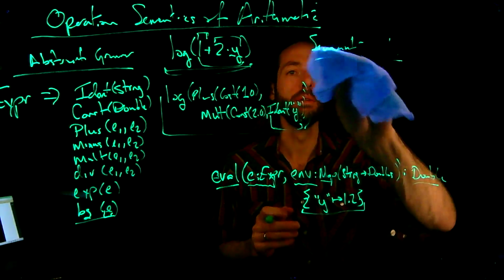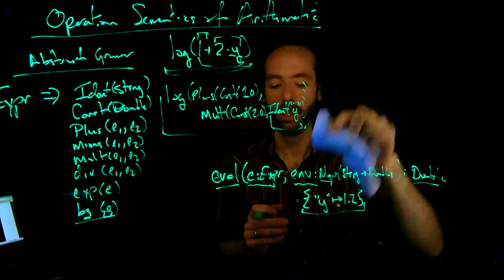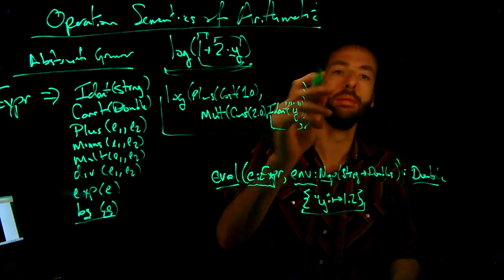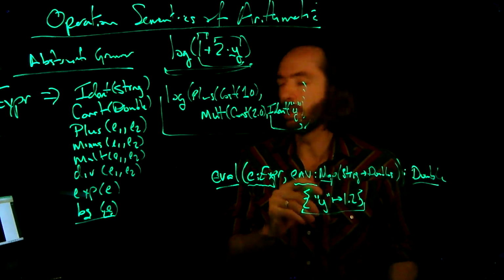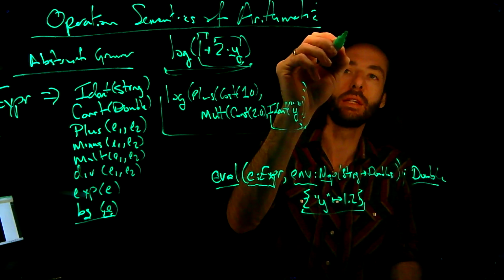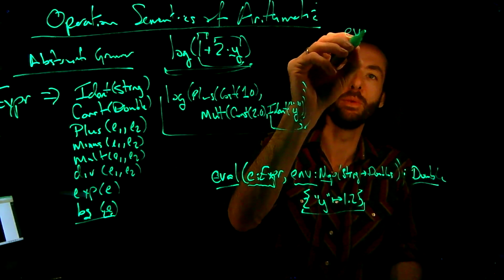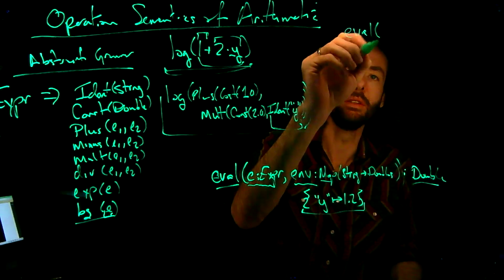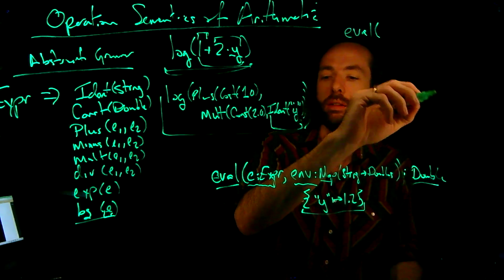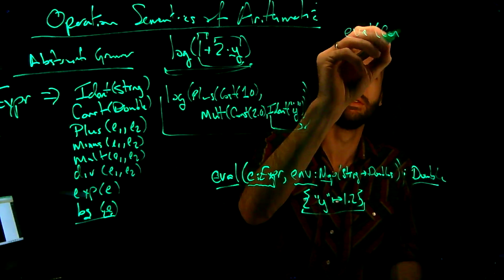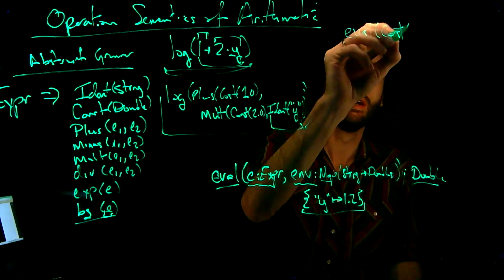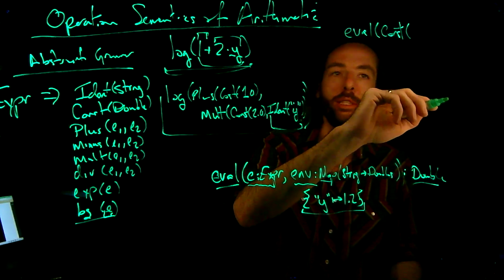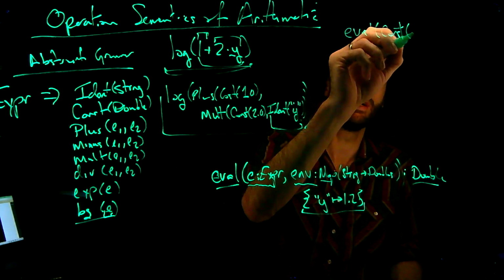So let me make a little bit of room over here. Let's look at a couple of these simple rules. Perhaps the easiest one is what does eval do when it sees a const of some, well, it has to be a double, right? So let's call that x.